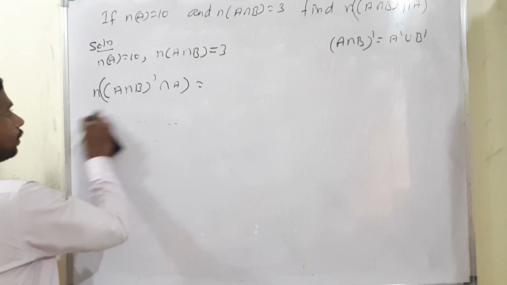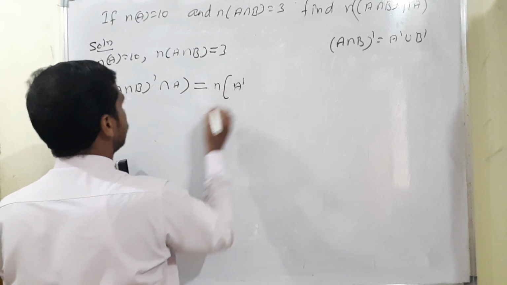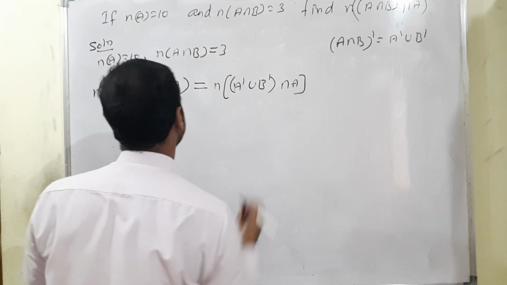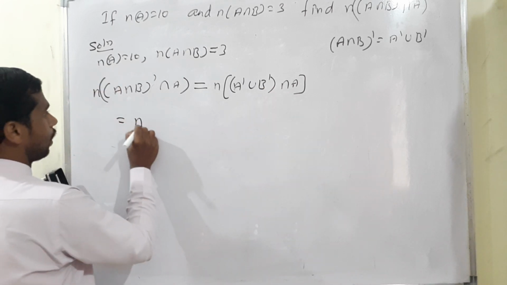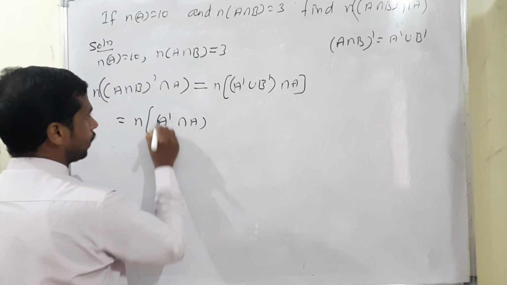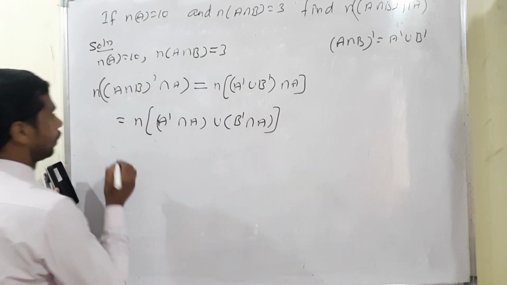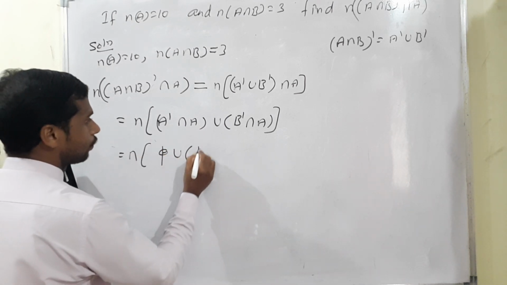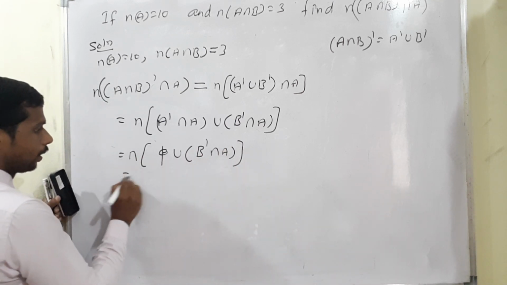So I will write it here. This term will be equal to number of A dash union of B dash, then intersection of A. Again, according to the distributive law, number of A dash intersection of A union B dash intersection of A. Again, A dash intersection of A means null set union of B dash intersection of A. Comparing the set with any null set means the same one, isn't it?